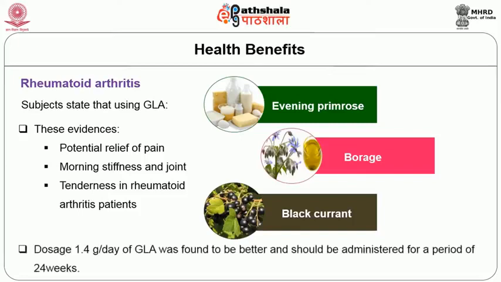A dosage of 1.4 grams per day of GLA was found to be better and should be administered for a period of 24 weeks to get the effectiveness in people who are facing this problem.